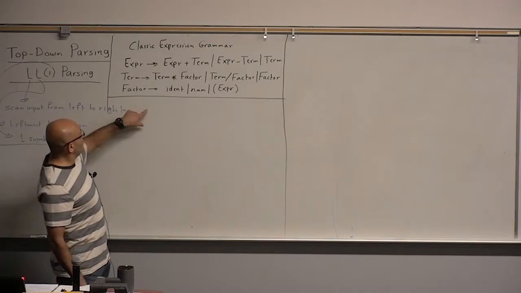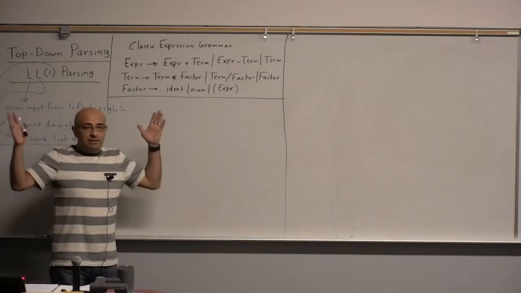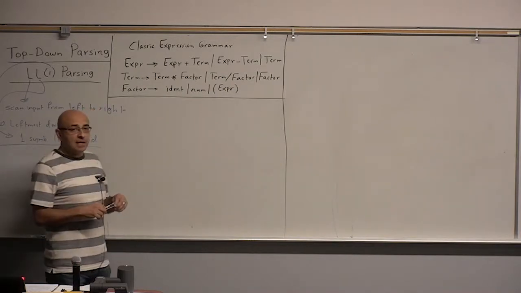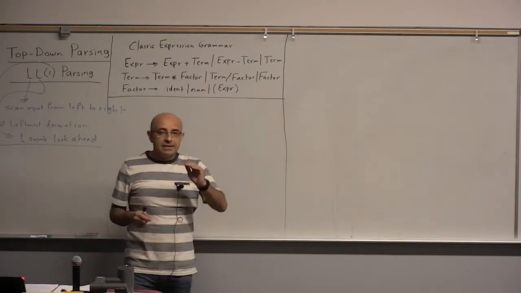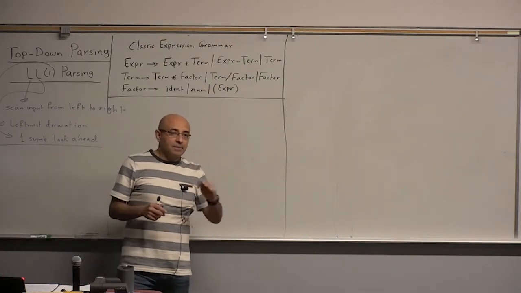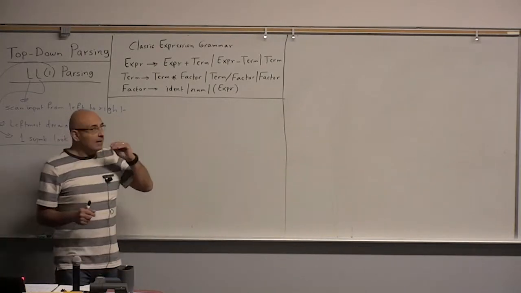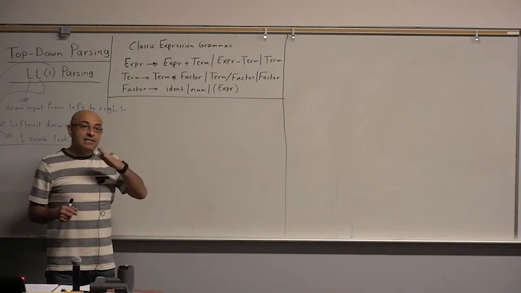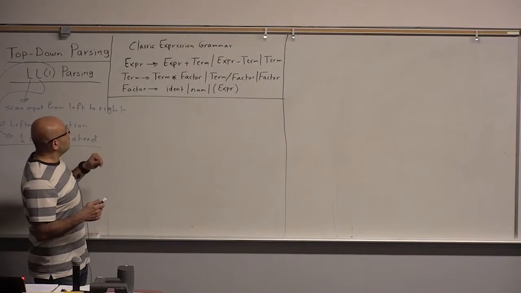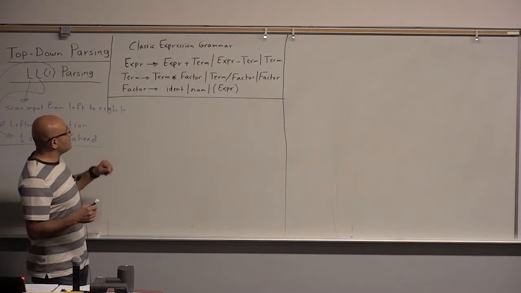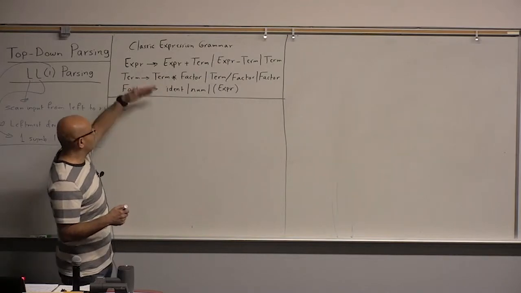The first problem was with the left recursion, because if we tried to build a parsing algorithm for this, an algorithm is a set of systematic procedures for solving a problem, a well-defined sequence of steps for solving a problem. And if this algorithm is very systematic, it's going to keep substituting expression plus term for expression forever.